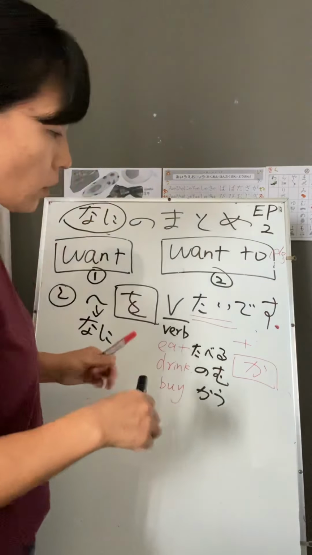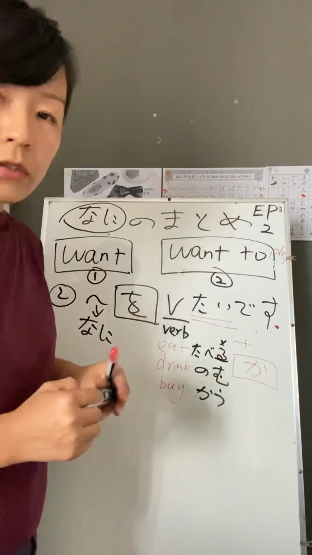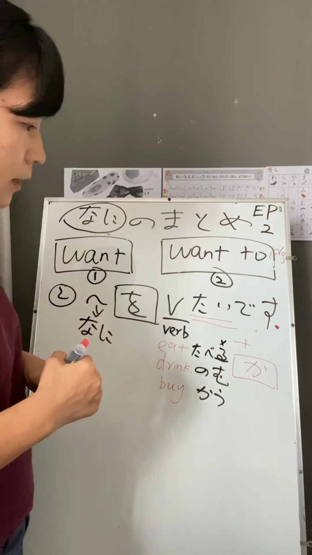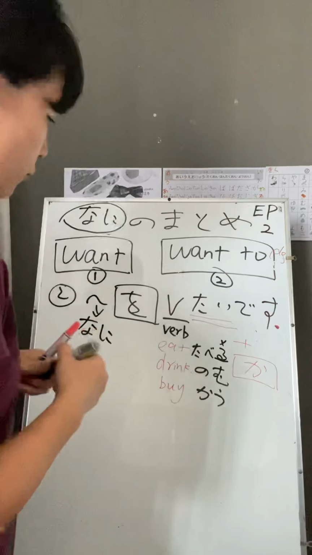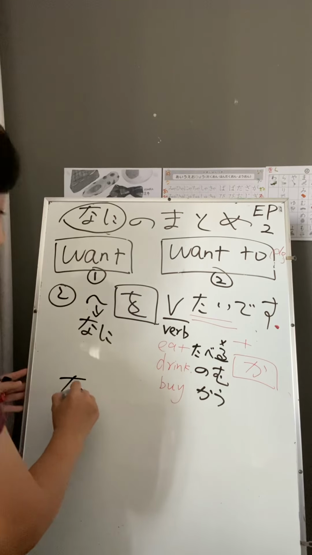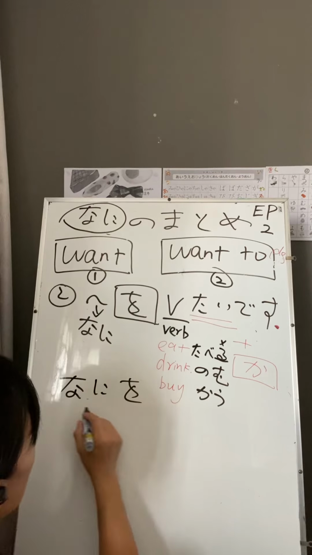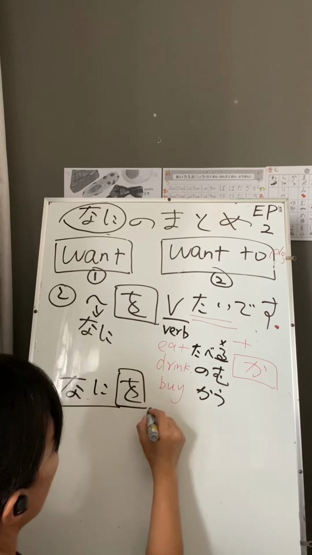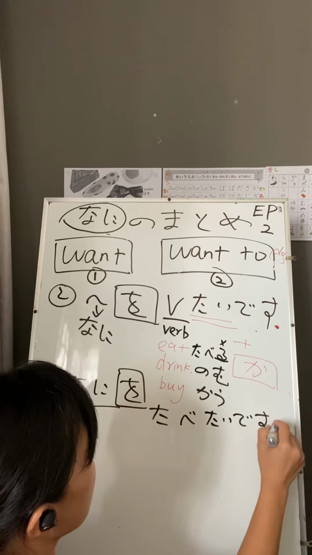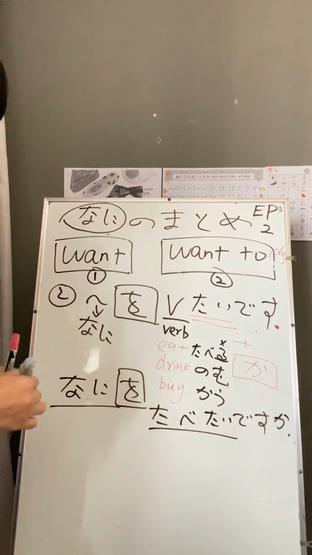For 食べる, it is a special word. You just throw away the る plus たい. Let's write down a full sentence for your reference. Can you see? 何を食べたいですか?